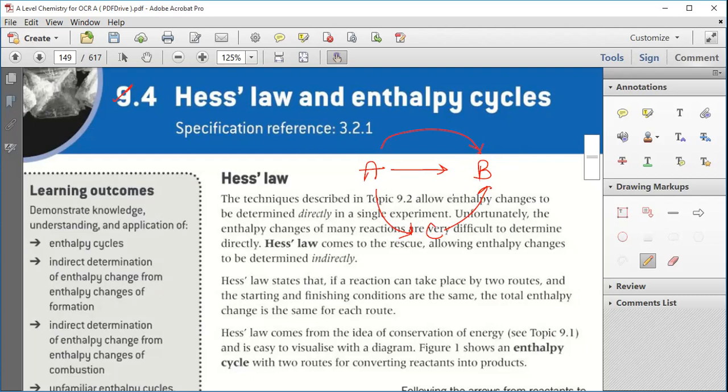In this case, from A to C there is a delta H change, and from C to B there is also a delta H change.